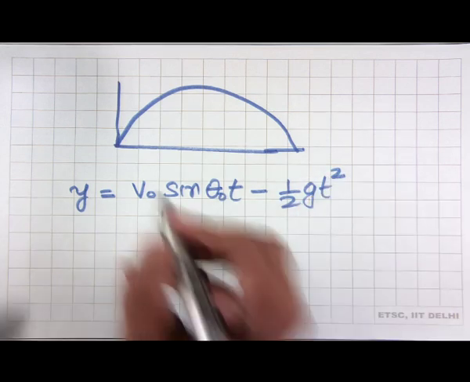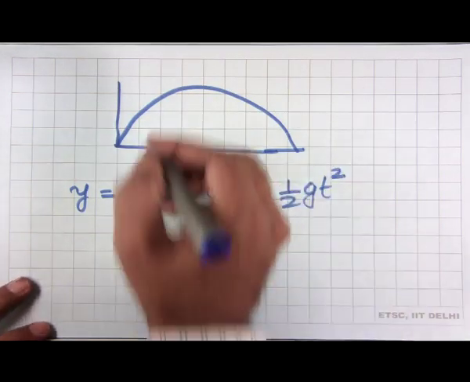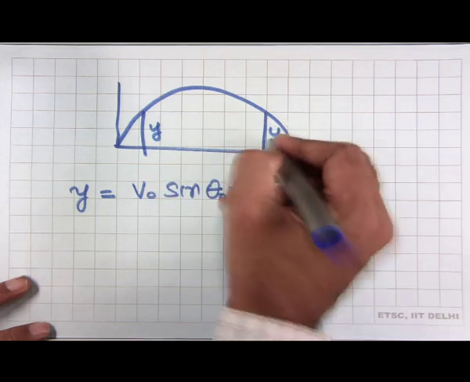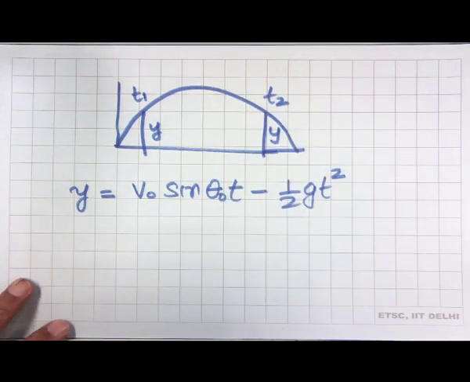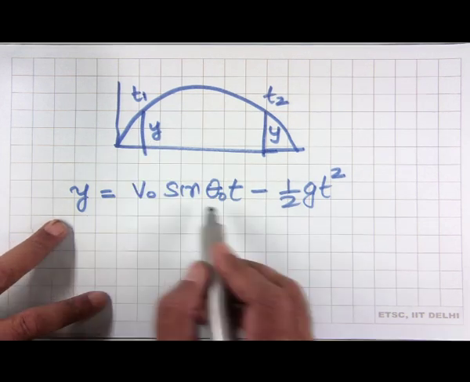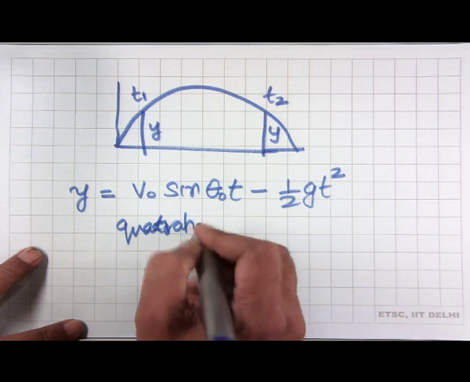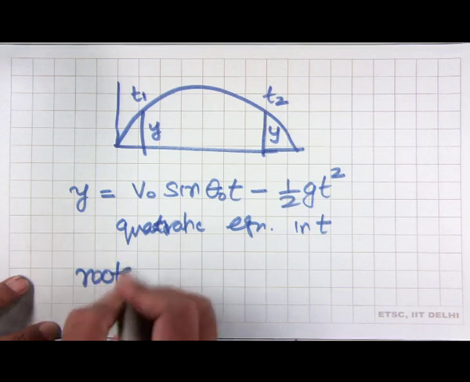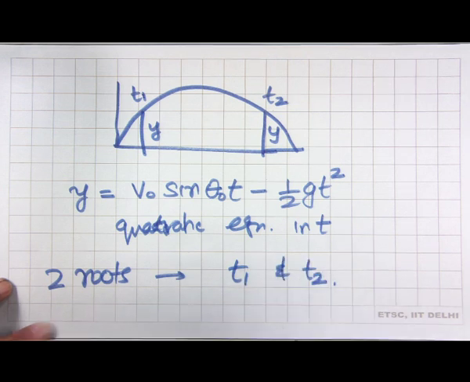So, now what we realize is that this particle, when it travels in a projectile motion, it crosses the same y value at 2 times t1 and t2. And if we look at this equation, then it is very clear that for the same value of y we get a quadratic equation in t, and the roots of this quadratic equation, there are 2 roots, they give the value of t1 and t2.